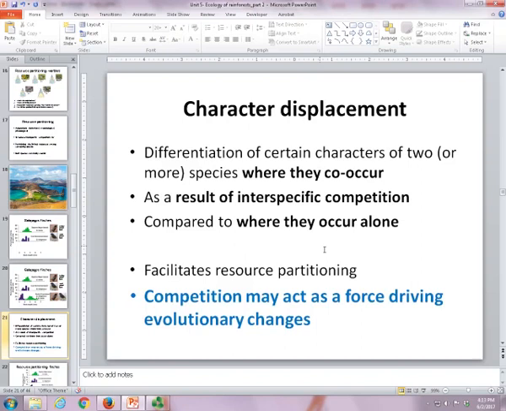And that is character displacement. And it actually facilitates resource partitioning, and it has been identified as a force driving evolutionary changes.